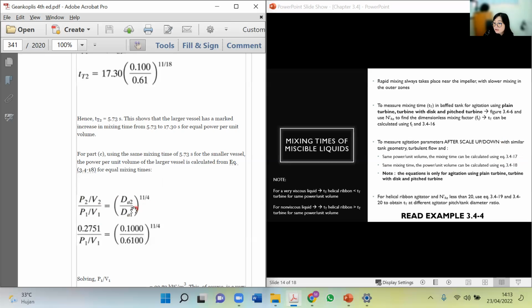Again, I know the new agitator diameter, which is 0.1, and the original one is 0.61, and we put it inside the bracket, and then we put the P over V.